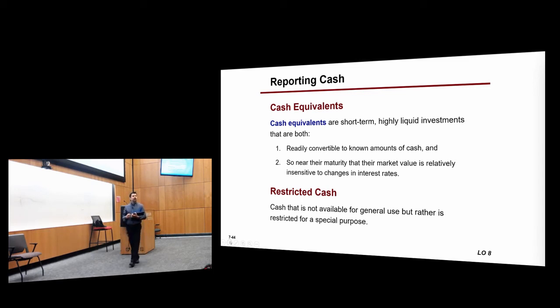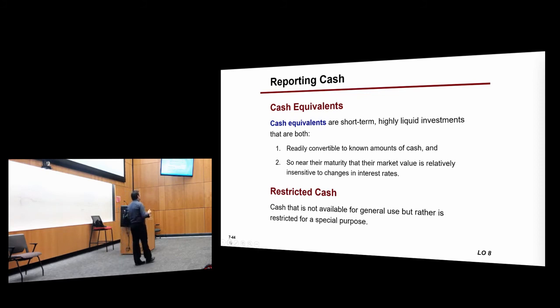You also have another account, which is called restricted cash. This is cash that the company has. However, they do not have the right to use it in any way they want. It has a restricted use. Sometimes companies, like airplane companies, have to keep a certain amount of cash as collateral for insurance, etc. Sometimes it's for lawsuits.